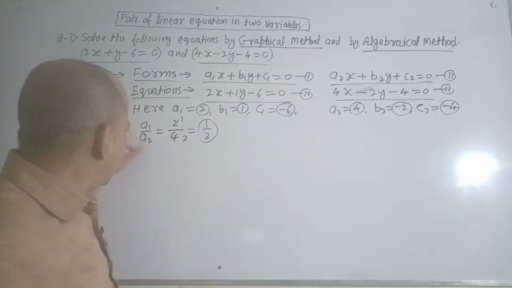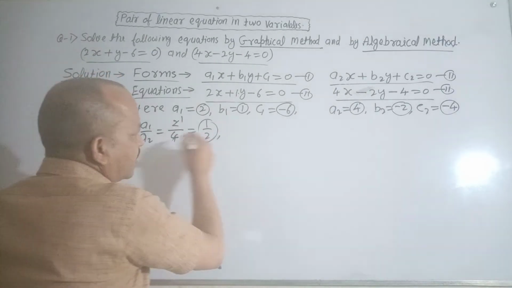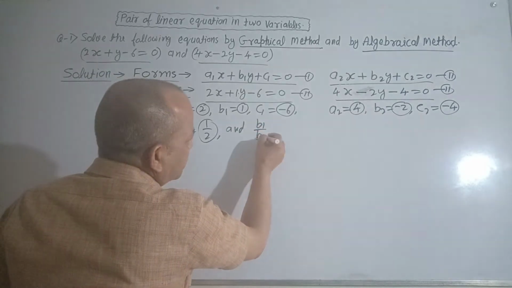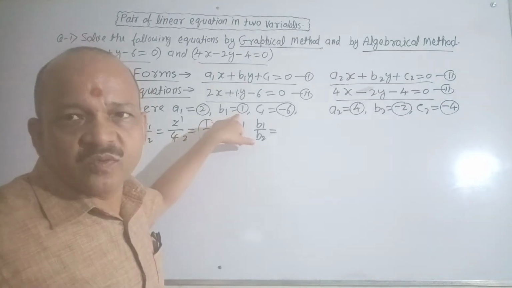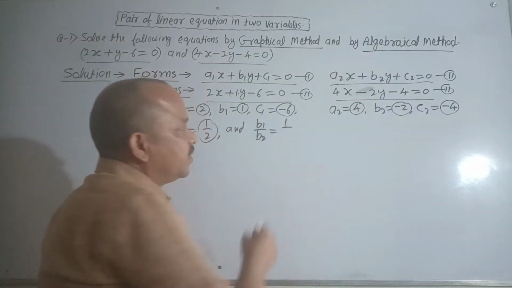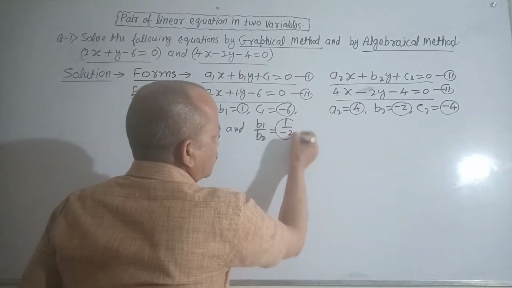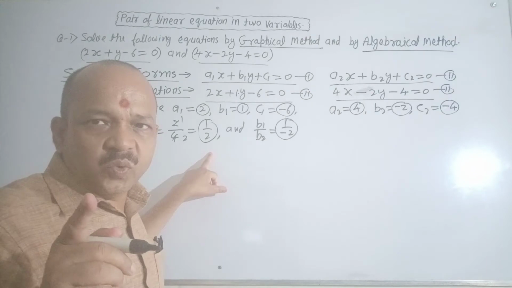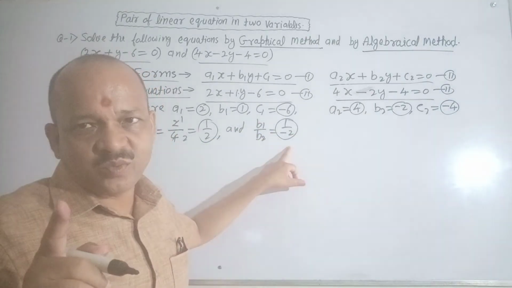You find a1 by a2 equal to 1 by 2, and b1 by b2 equal to, here b1 means 1, b2 means minus 2. You find a1 by a2 equal to 1 by 2, b1 by b2 equal to 1 by minus 2.